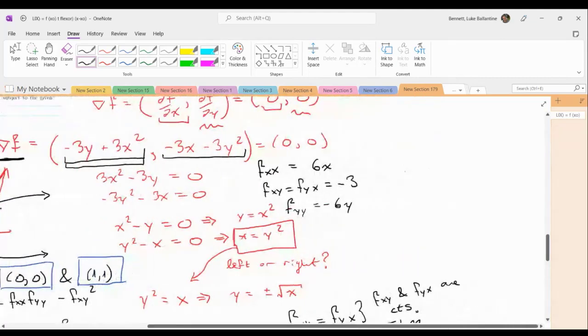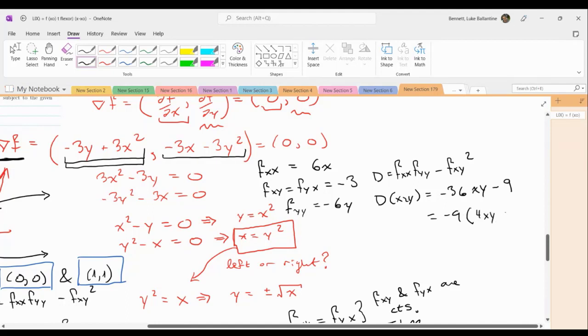Then I can plug this into the formula, fxx fyy minus fxy squared. So D of (x, y) is -36xy minus 9, so this is -9 times (4xy plus 1).